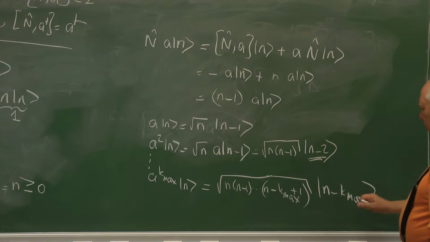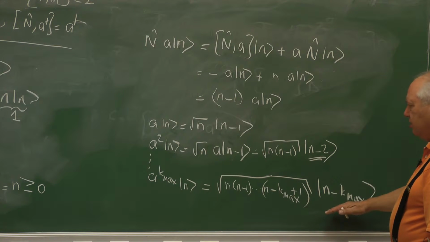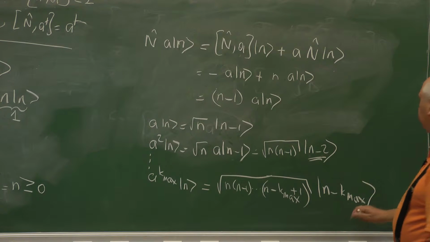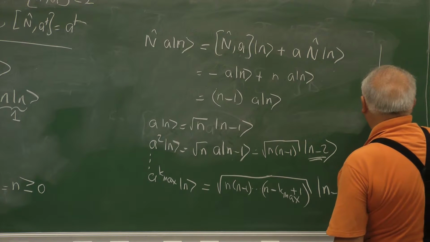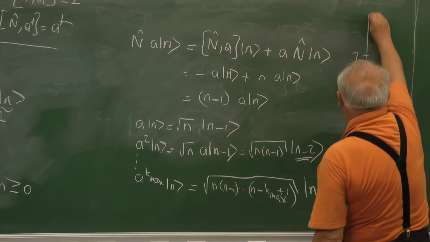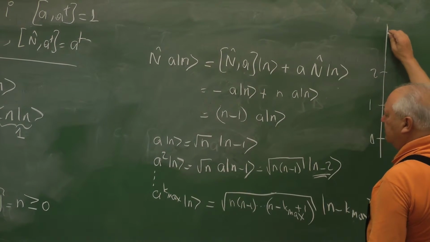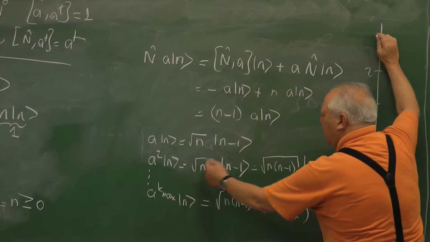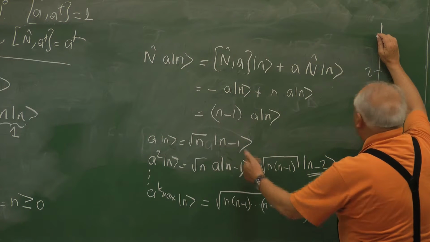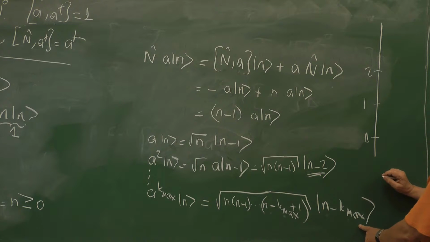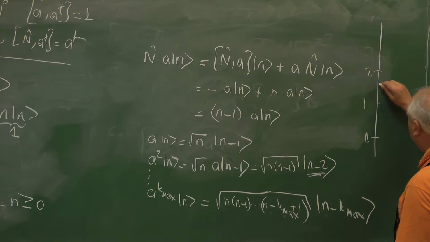Because further reduction should be impossible. If I reduce it by one more, it will be on the negative side. So let me say this is 0, this is 1, this is 2. So n was somewhere a positive number, and by applying a, we were reducing the eigenvalue by 1 integer unit. So the last one, n minus k max, must be here.